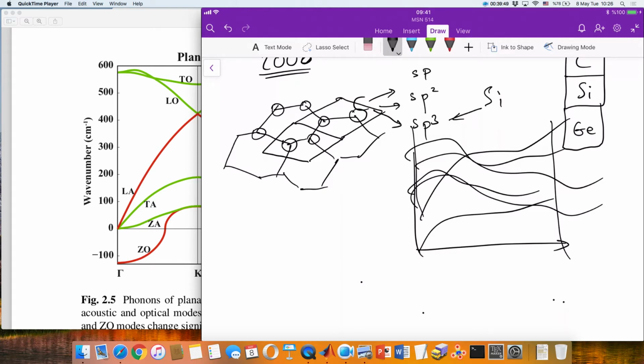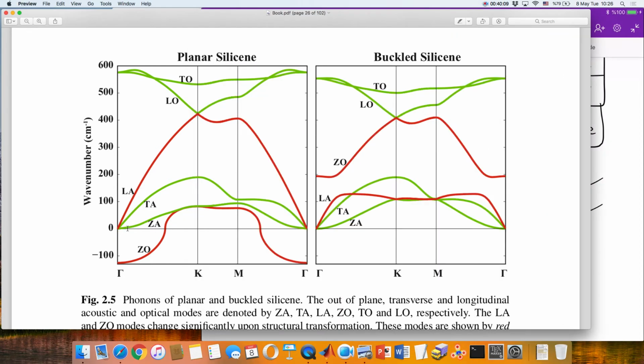So how many modes are you expecting from the whole thing in 3D? 6, right? 2 atoms, 3 degrees of freedom for each one. 6. You can see that you have actually 6 branches here. 1, 2, 3, 4, 5, 6.